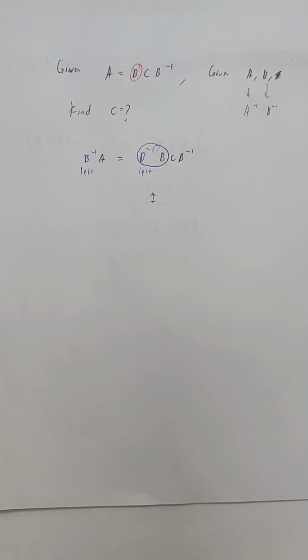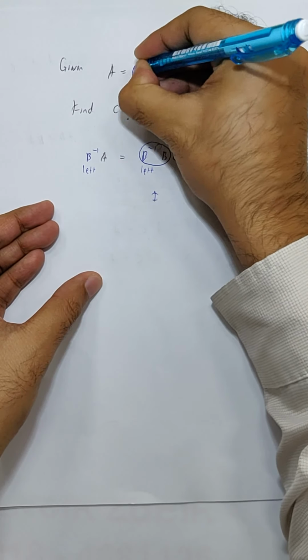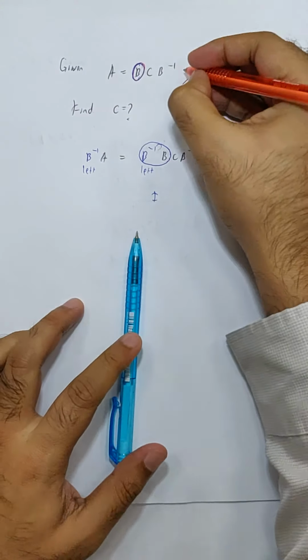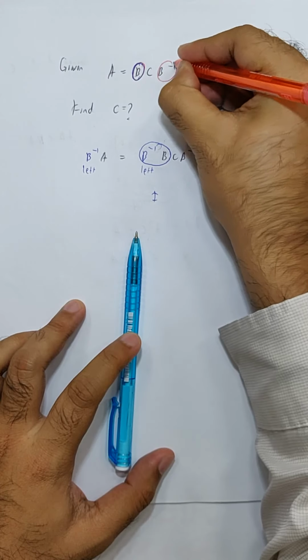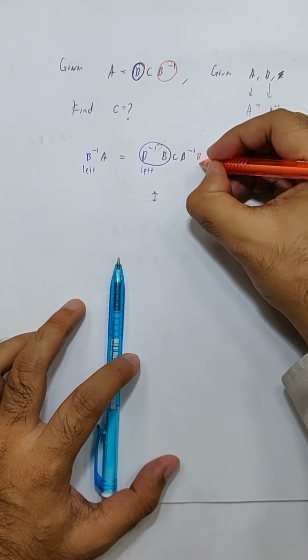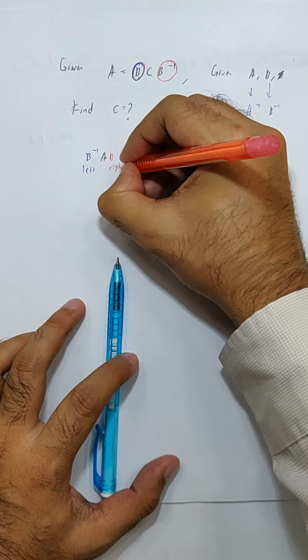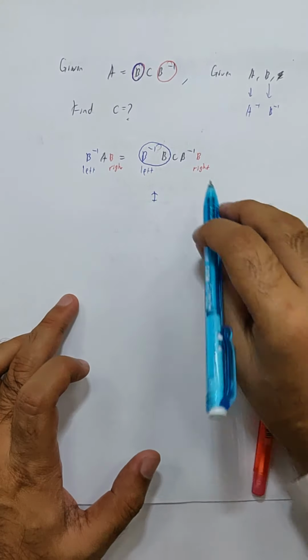How do we take the second bodyguard out? Yep. Now you don't want B inverse. We multiply B on the right. B inverse times B?